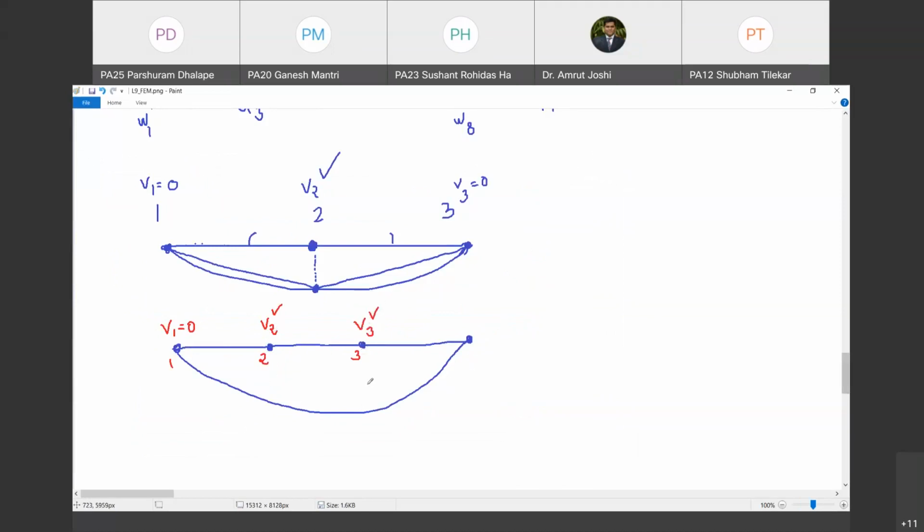Similarly, V3, the displacement here, is known, because I would have treated V2 and V3 as unknowns, run the minimization of potential energy, and obtained V2 and V3. And then V4 is 0.